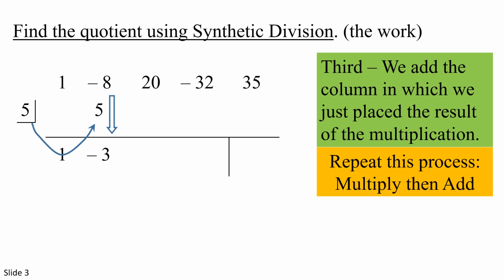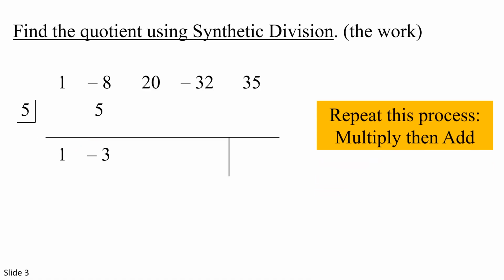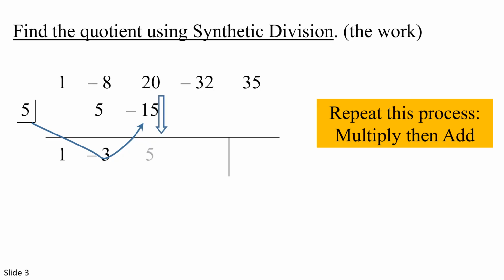And then we're just going to repeat this process. We're going to multiply, and add, and so on. So 5 times -3 is -15. 20 minus 15 is 5. Again, 5 times 5 is 25. -32 plus 25 is -7.